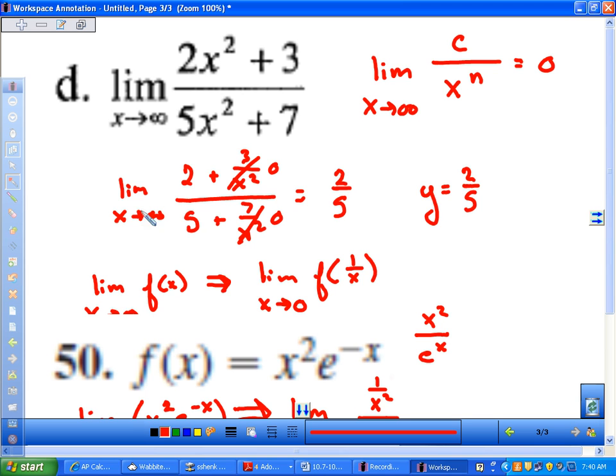So if there is a limit as x goes to infinity, then that's our horizontal asymptote. y equals 2/5 would be our horizontal asymptote. It would also be our end behavior model. Okay, as x goes to infinity, our y's are approaching 2/5. Okay with those two limits?